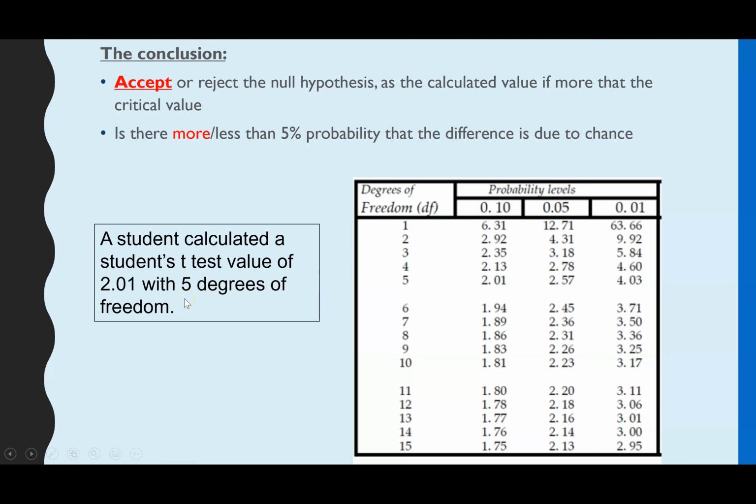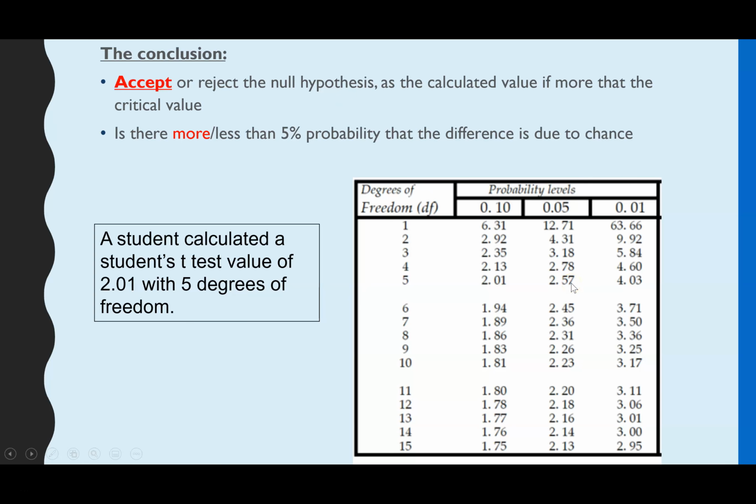Another example here, a student calculated a student's t-test value of 2.01 with 5 degrees of freedom. So 5 degrees, again we need to compare it to 0.05, but this time our calculated value of 2.01 does not meet or exceed that critical value.